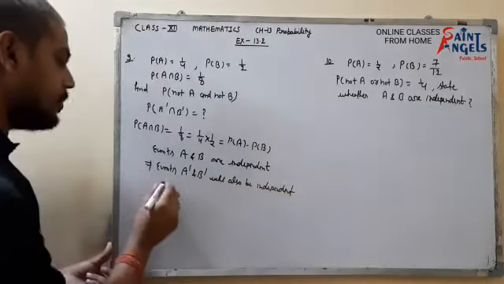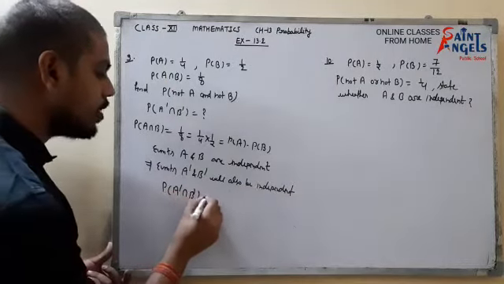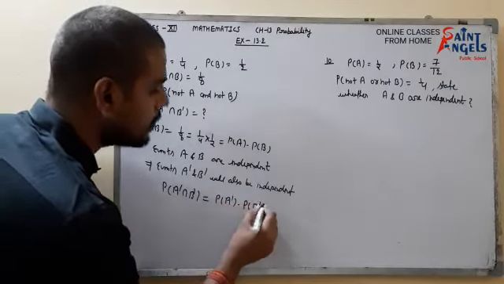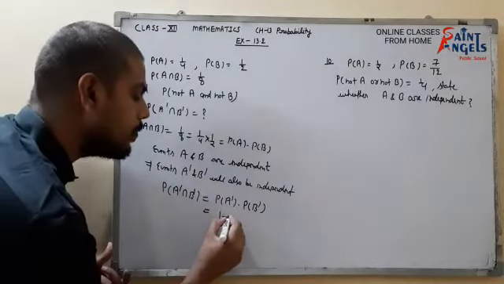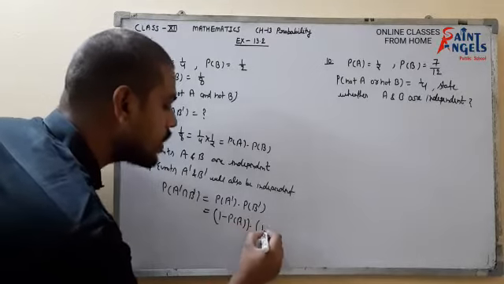What does it mean? It means that P(A naught intersection B naught) will be equal to P(A naught) dot P(B naught), and that is what we have to find. So P(A naught) means 1 minus P(A), and P(B naught) means 1 minus P(B).